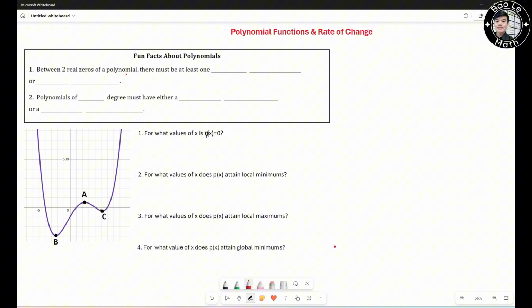Between two real zeros of a polynomial, there must be at least one local maximum or local minimum.